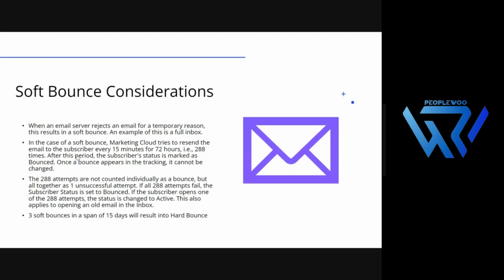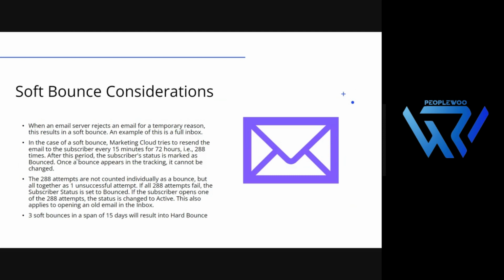But when it detects a soft bounce, that means due to a temporary reason, the system will not immediately change the status of that subscriber to bounce. There is a soft bounce consideration and a logic which helps calculate the soft bounce of a subscriber.